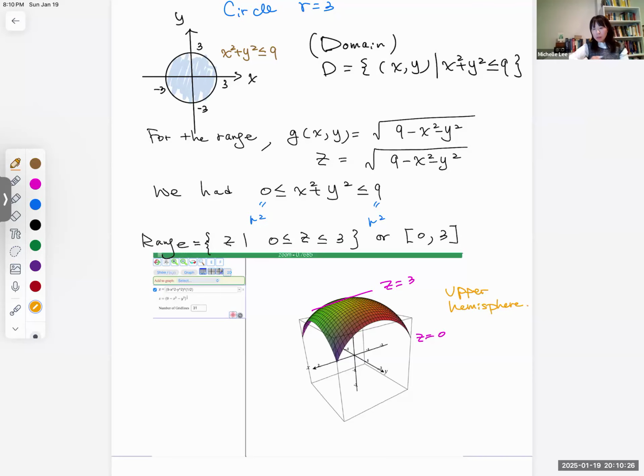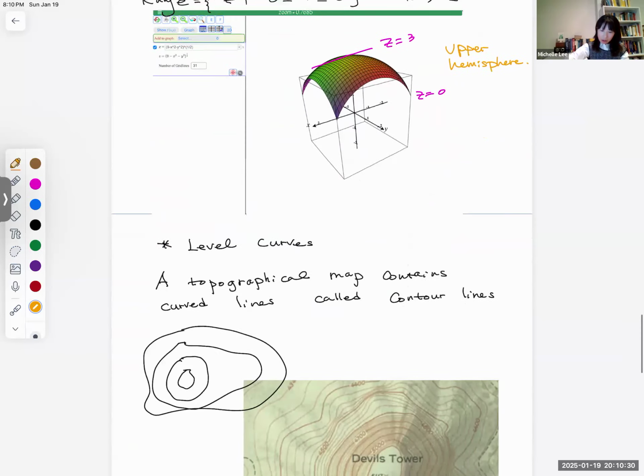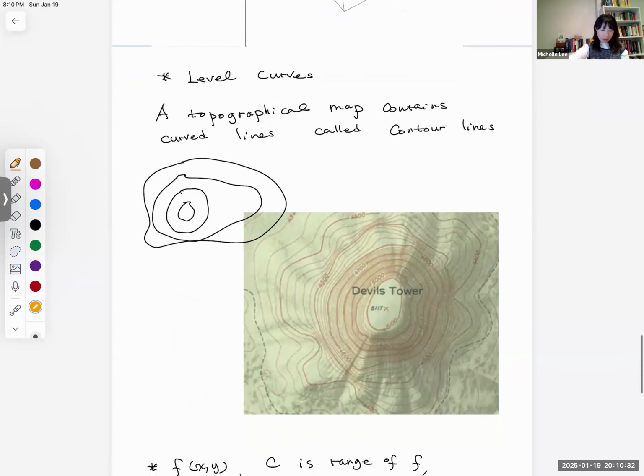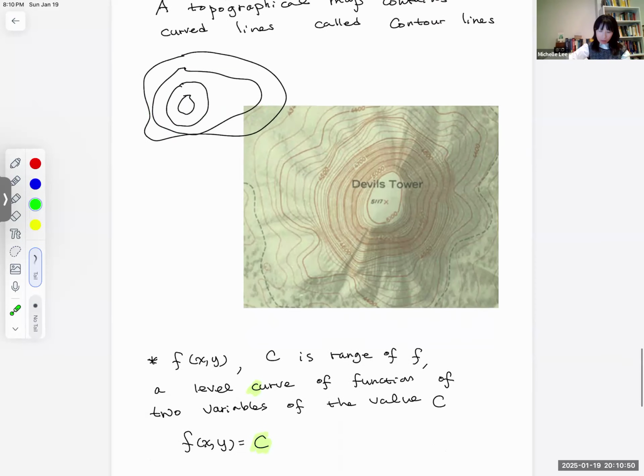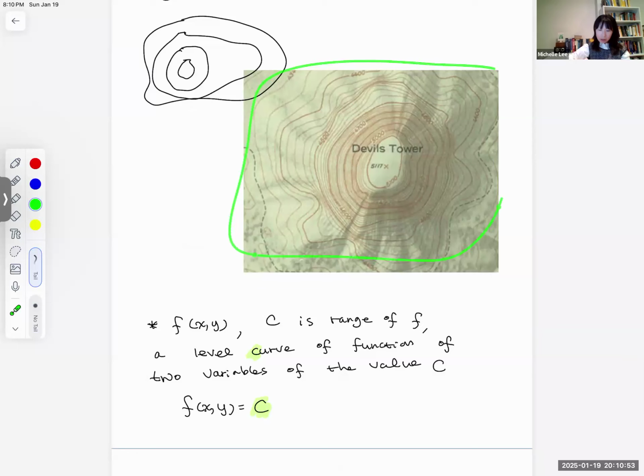Okay, so let's talk about level curves. So here we go. A topographical map contains curved lines. So we have contour lines. Those are contour lines, and those things are level curves. So here is the picture.